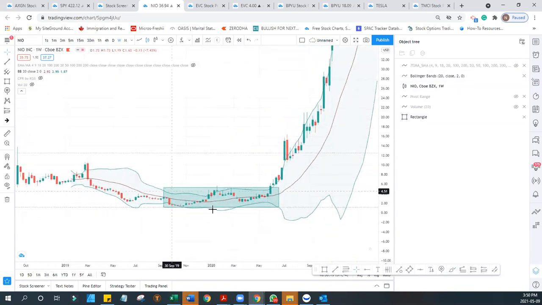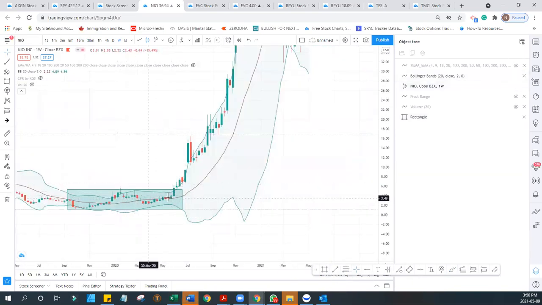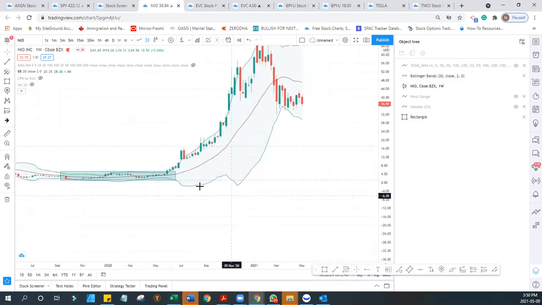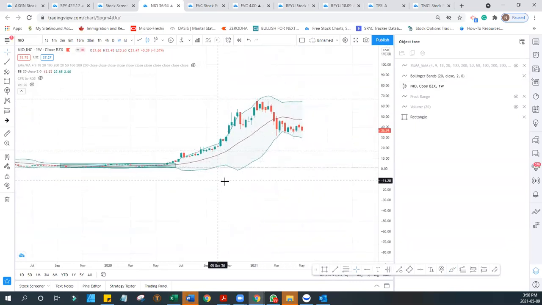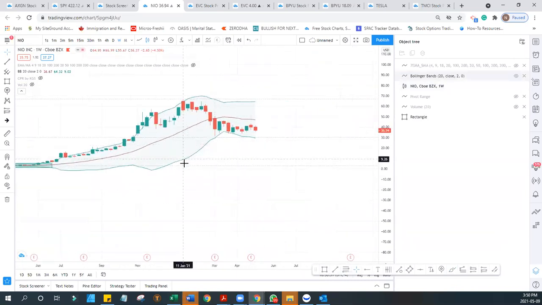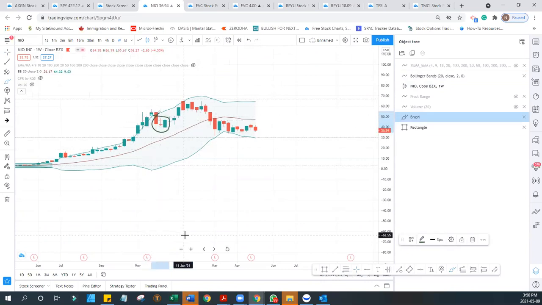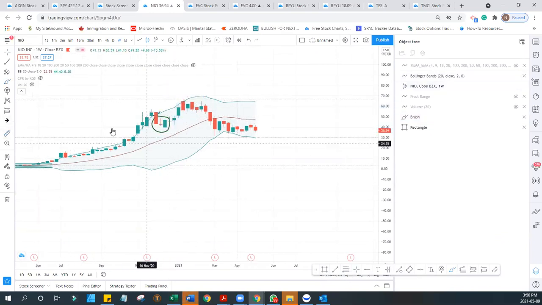Here, the price is walking on the band on the weekly basis. That means you can be in the trade because this is the longer time frame. And if you want to get out, you can get out from here. You might think you missed this range, which is another $20.